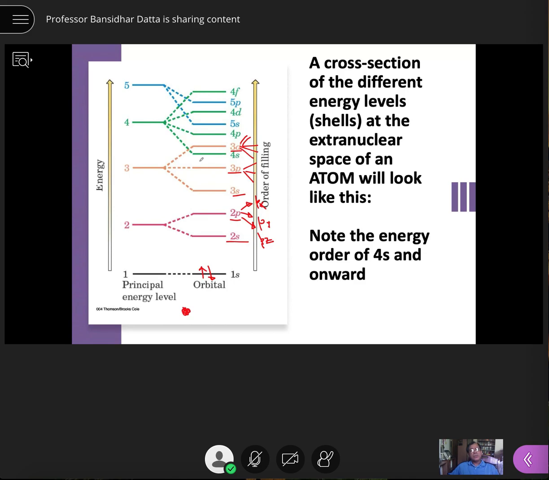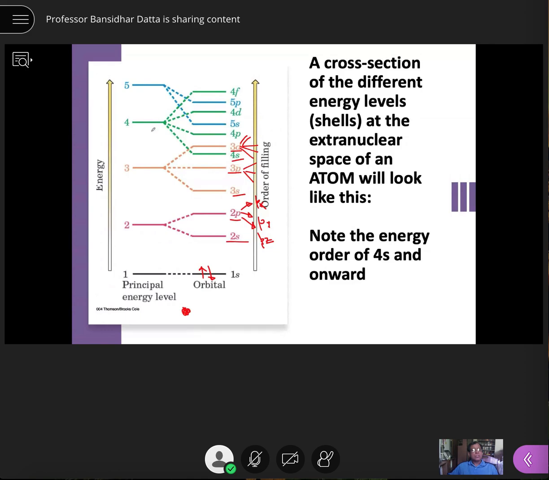Now, based on the energy calculations, from the quantum mechanical calculations, the energy of the 4s subshell on shell number 4 is lower than the 3d. So that's why when the electrons fill up, the 4s will be filled first, then the 3d. This is the exception, remember?